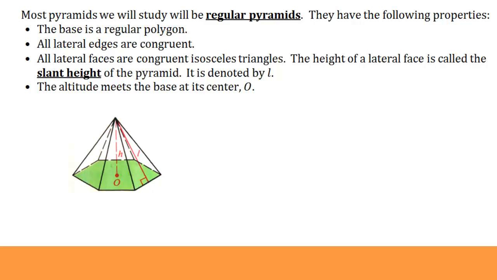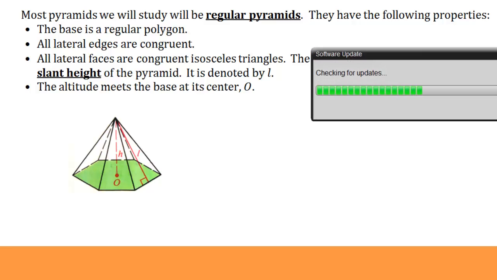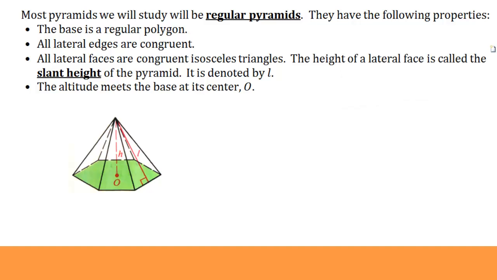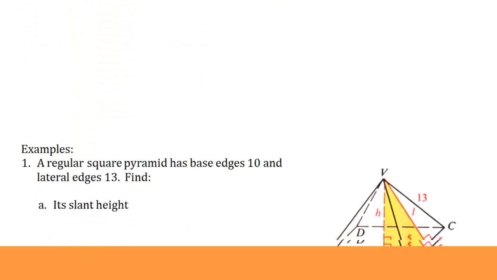And the altitude of the actual pyramid that goes from the vertex at the top to the polygon at the base, that altitude meets the base exactly at its center, which we call O. So we will be dealing mostly with regular pyramids, and you can assume a pyramid is regular unless you're told otherwise. So regular pyramids are very nice to work with.